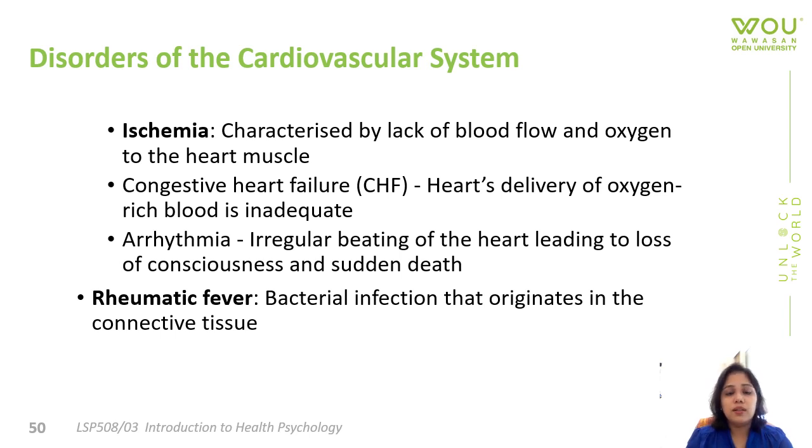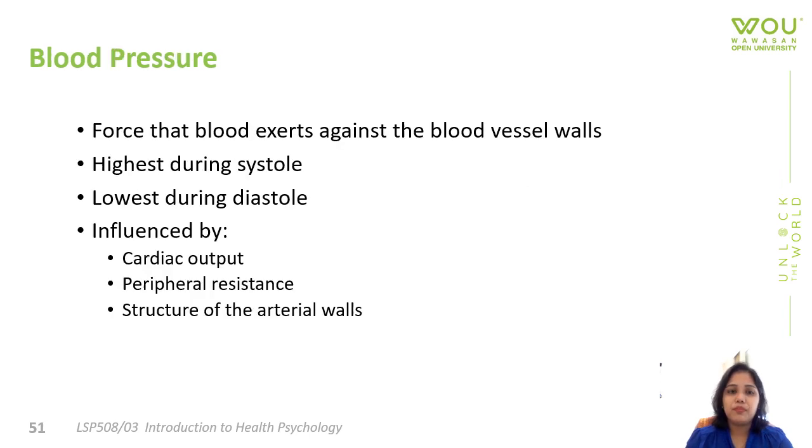Rheumatic fever can also occur, which is a bacterial infection that originates in connective tissues. Blood pressure is the force that exerts against the blood vessel wall, highest during systole and lowest during diastole, determined by the cardiac output, peripheral resistance, and structure of the arterial walls.